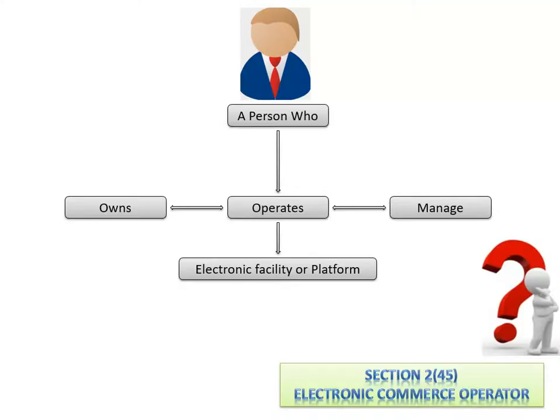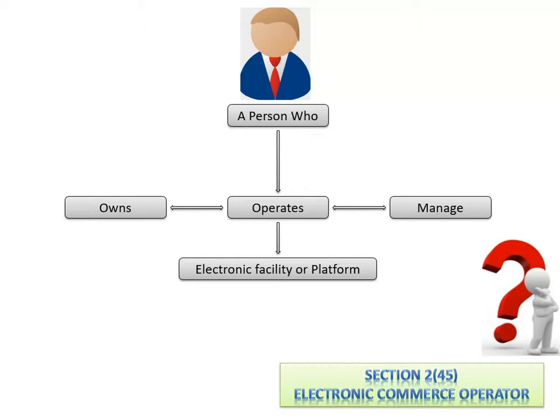Now, understand what is an electronic commerce operator. An electronic commerce operator is a person who owns, operates or manages a digital or electronic facility or platform for electronic commerce.